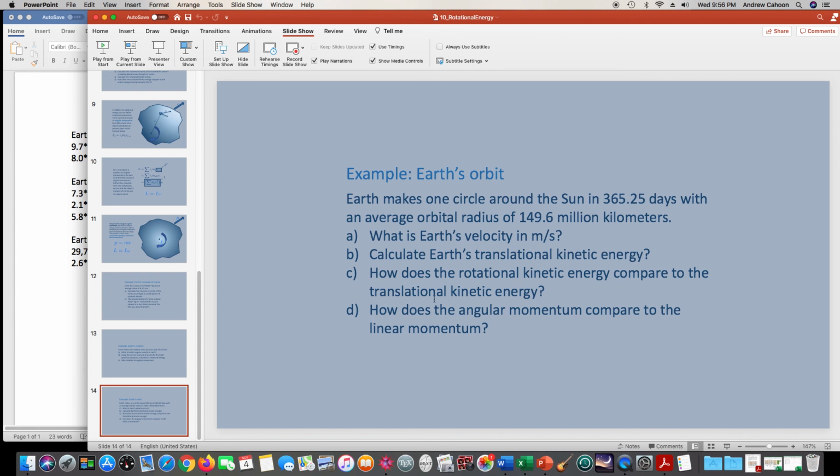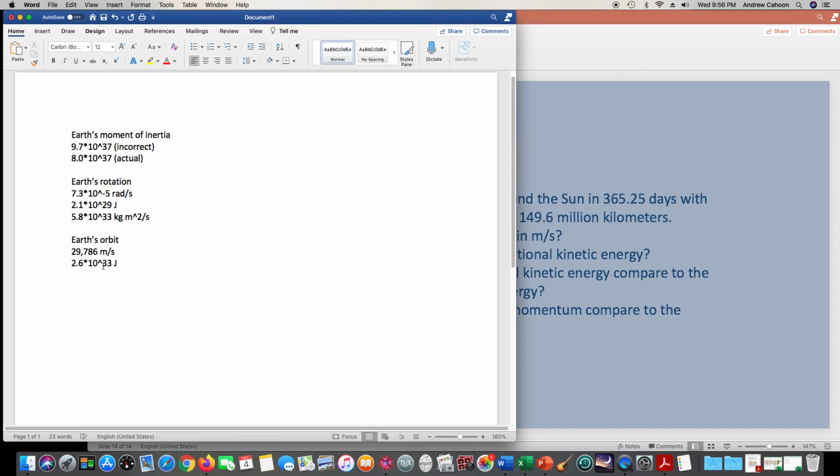All right. Now we need to compare the rotational kinetic energy to its translational kinetic energy. So rotational on its axis compared to translation going around the sun. So that's comparing this number to this number which we found earlier.